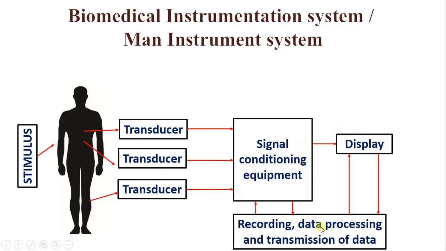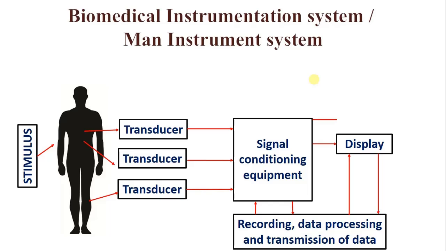Then we have recording, data processing and transmission equipment. It is often required to record the measured information for later or to transmit it from one location to another. Where automatic storage or processing of data is required or where computer control is employed, an online analog or digital computer may be present.